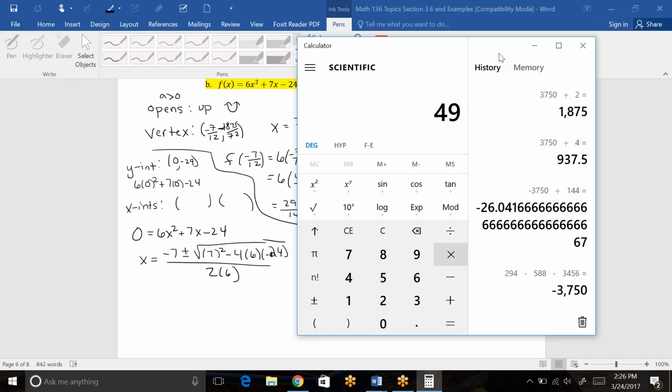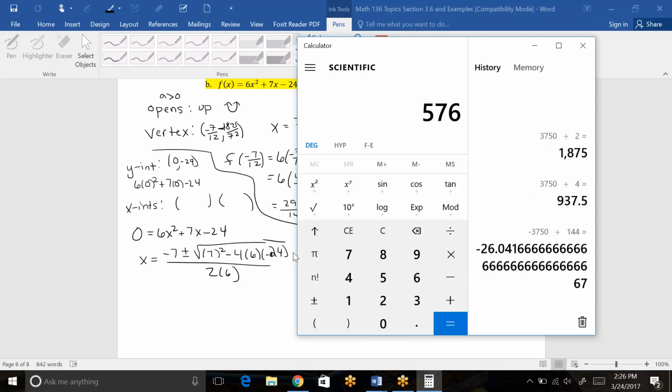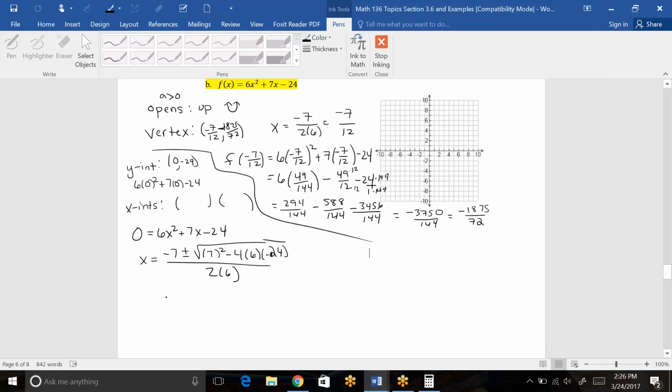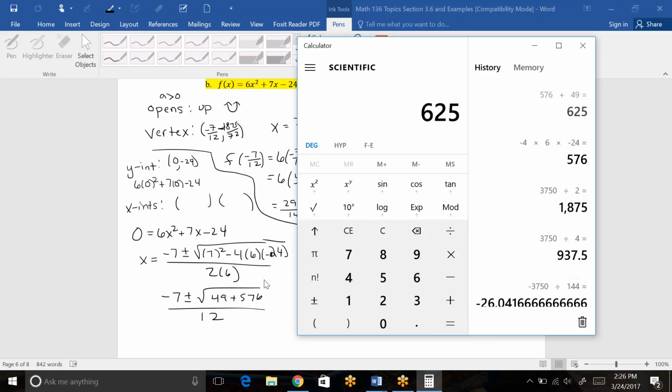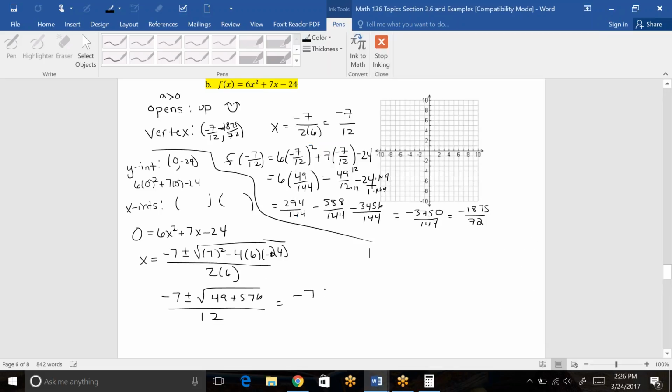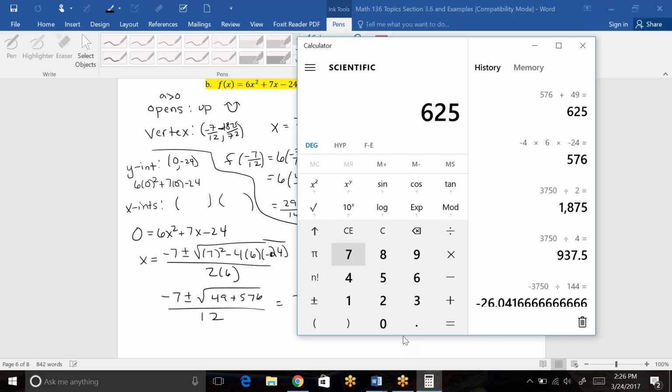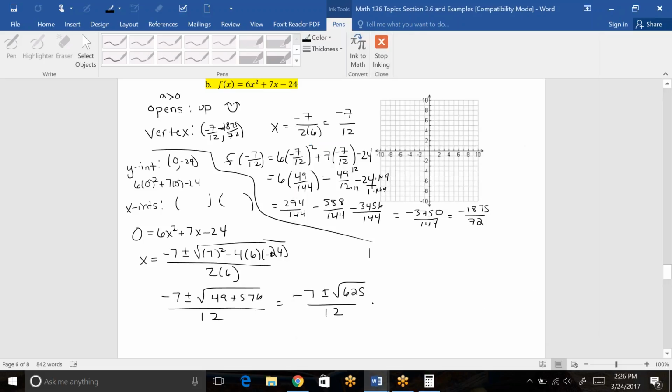So let me figure this out. This is negative 4 times 6 times negative 24, so it's going to be 49 plus 576 inside that radical, because the two negatives make a positive. Add 49 to this, and that's 625, which I do believe is a perfect square. Let's see if we can take the square root of that. Yep, it's 25.